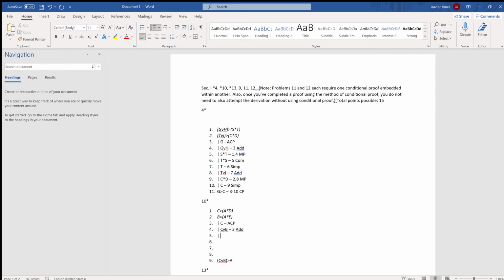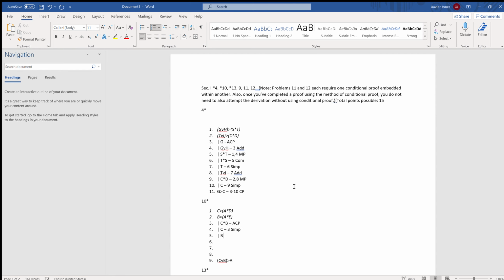Or, how about this? C and B, then we can get C or B. So let's say C and B. So then we could get C and B by itself, right? So we're going to have 3 simplification.